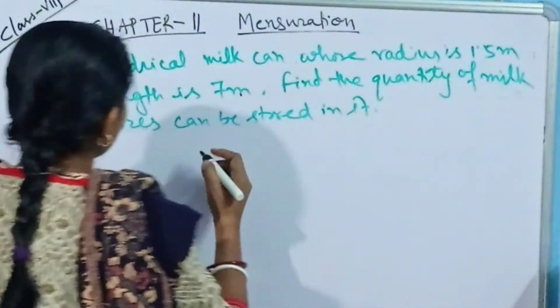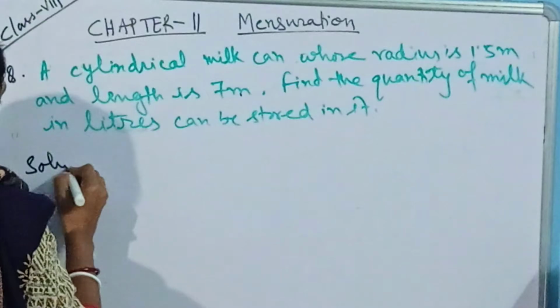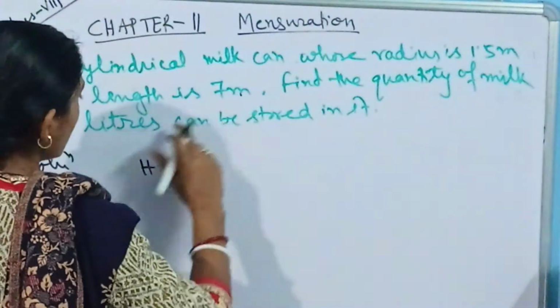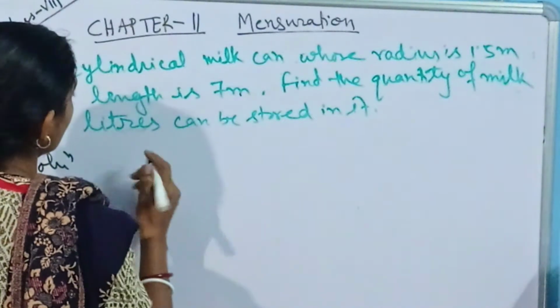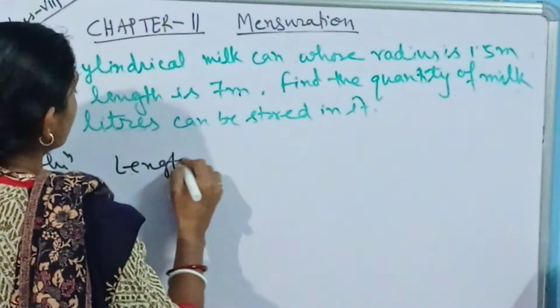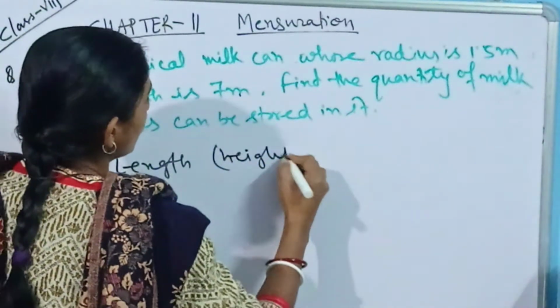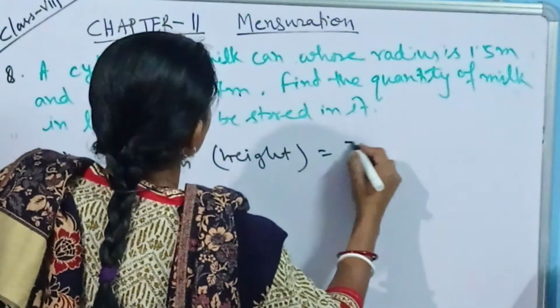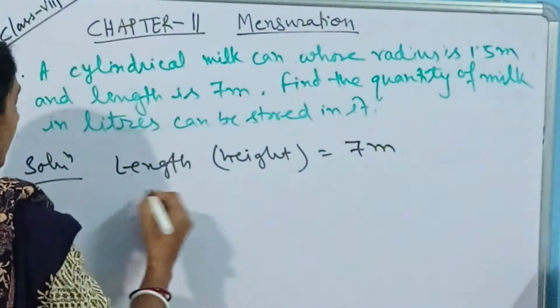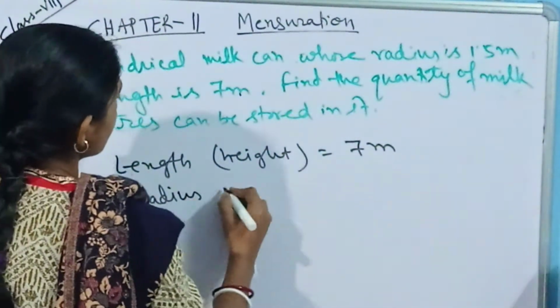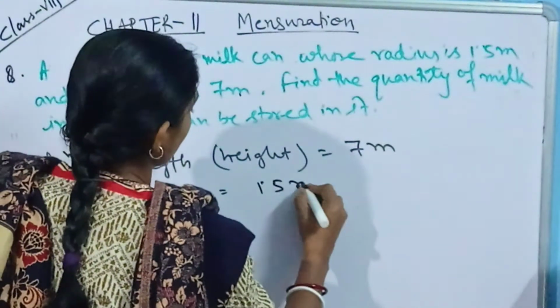So for the solution, the length will be considered as height, which is equal to 7 meter. Another thing, the radius of the base is given as 1.5 meter.